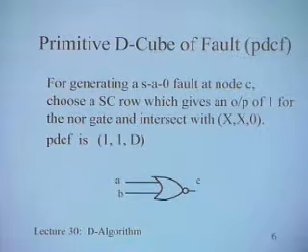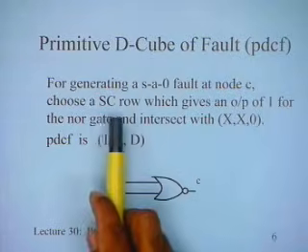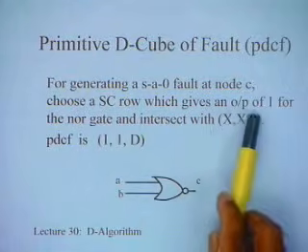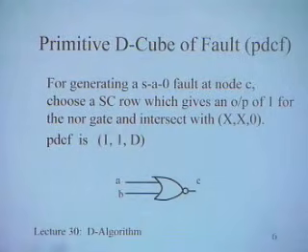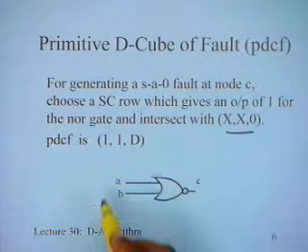So, for generating a stuck at 0 fault at node C, choose a singular cover row which gives an output of 1 for the NOR gate and intersect with cross 0.